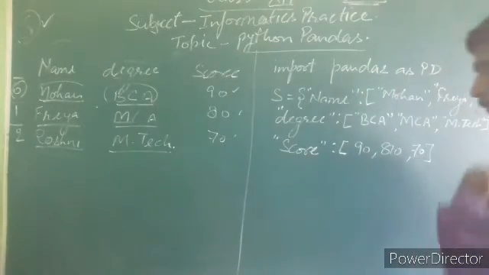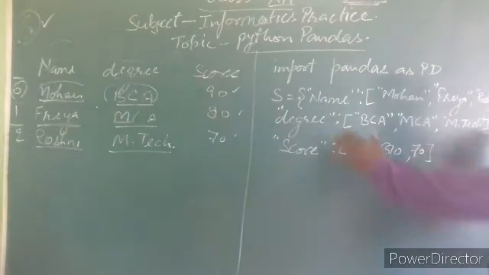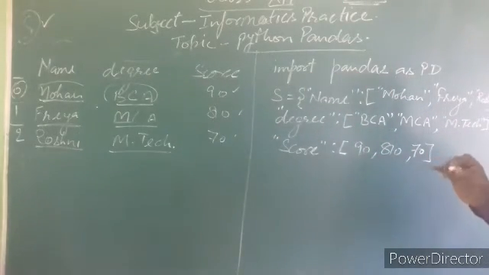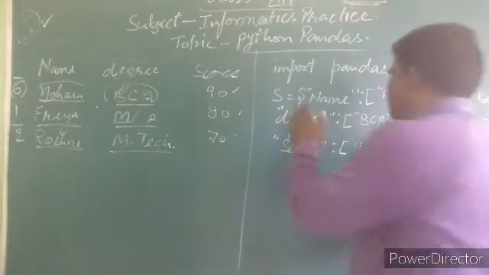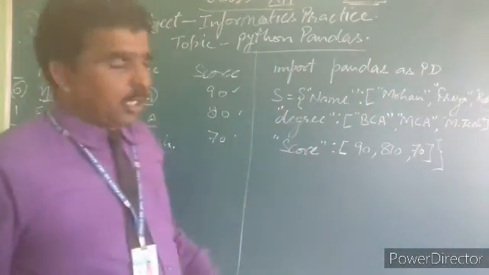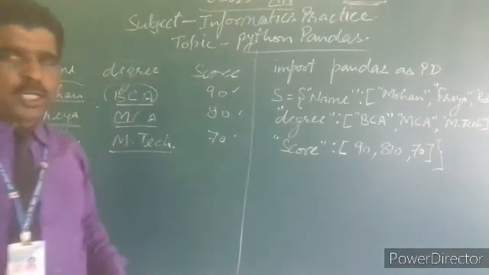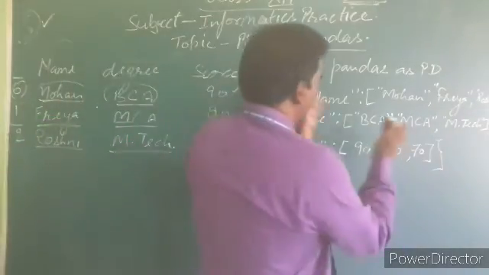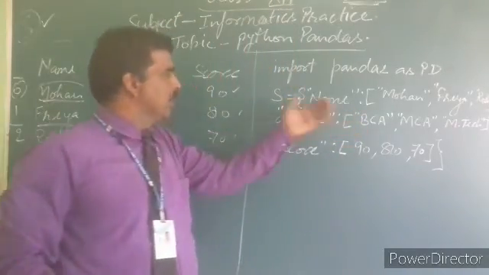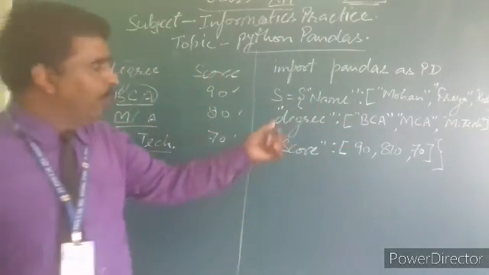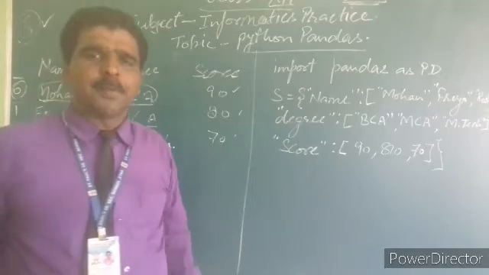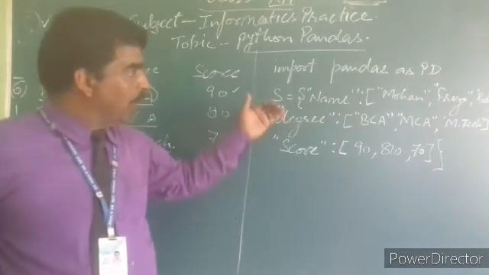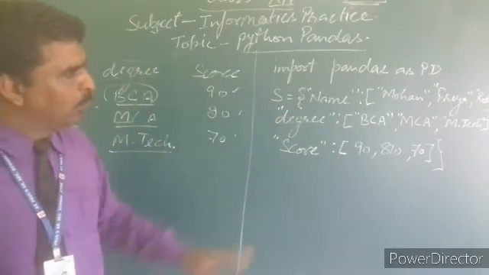After that, all the values are stored, so the curly braces will be closed. If we are closing the curly braces, it means we have prepared the dictionary, and this dictionary is stored in the variable s. So in s we are storing what value?